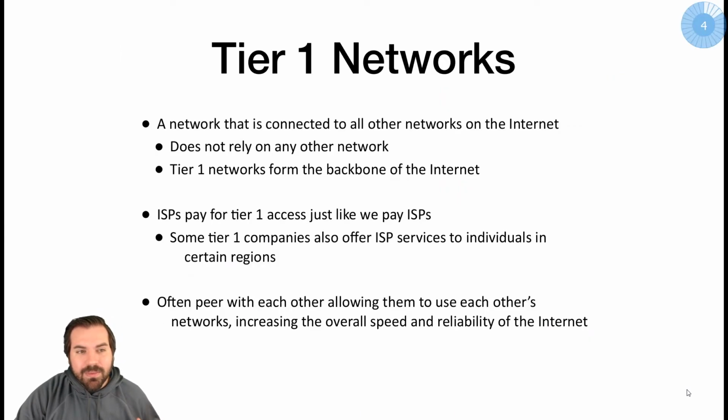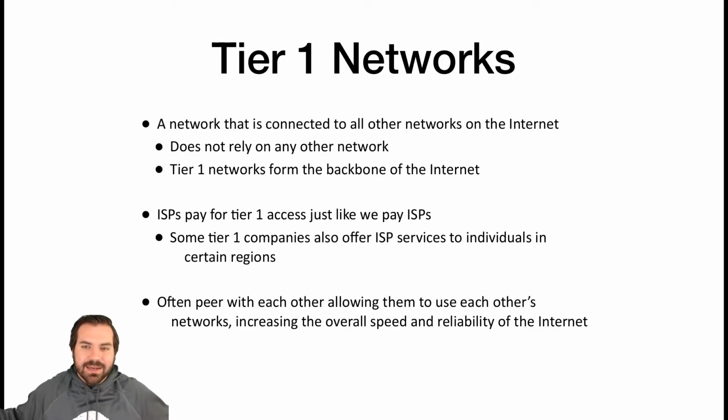When we go a step up from that, we talk about the tier 1 networks. And these are networks that are connecting cities and continents and countries together. These are the very large networks. They'll run cables from coast to coast across large areas of land.